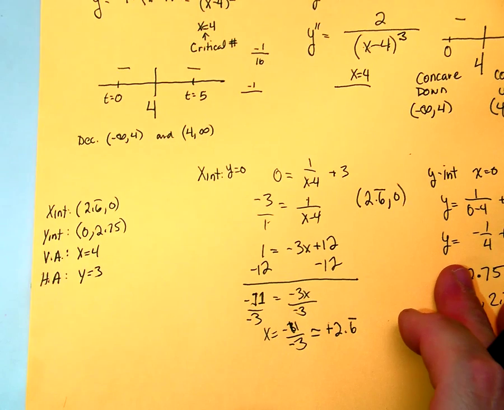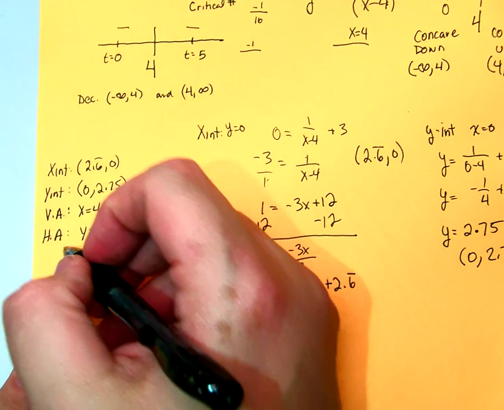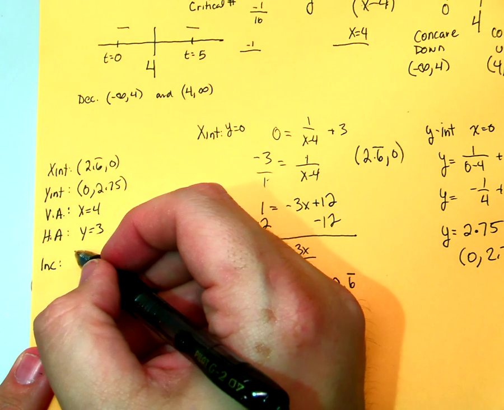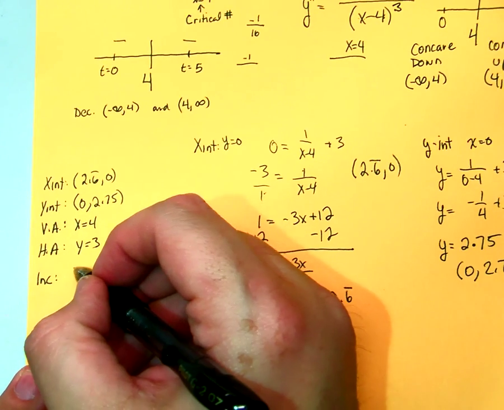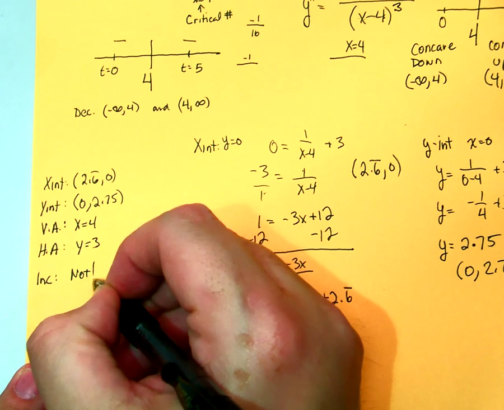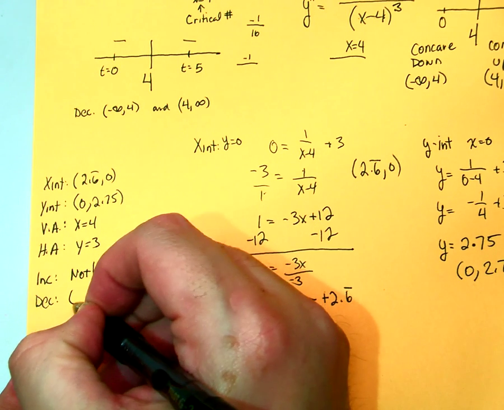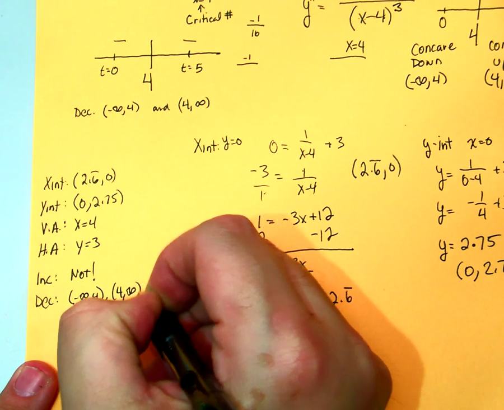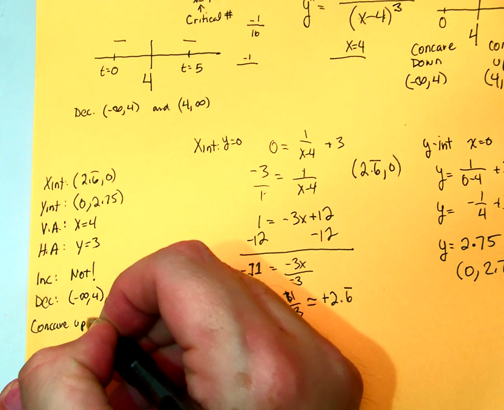Now, increasing. Do I know where the function's increasing? Where? It's not. Is it decreasing? Now, is it concave up anywhere? 4 to infinity. Is it concave down?